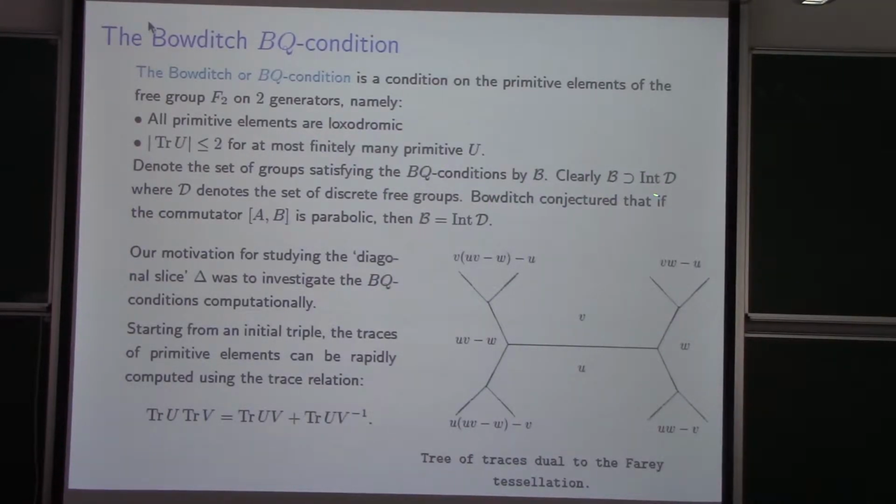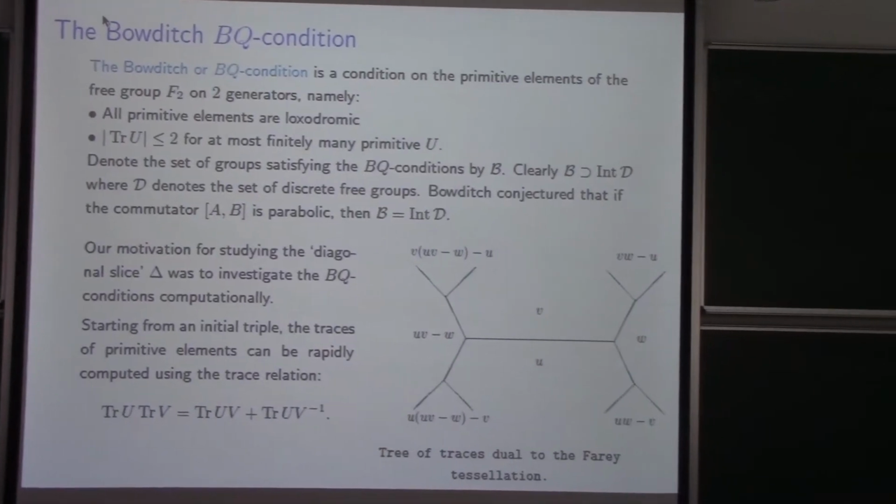It's easy to see that if the group is geometrically finite discrete, it holds, and Brian made a conjecture, which is still open, about when the commutator is parabolic. And we decided to do a systematic computer investigation, or they decided to do a systematic computer investigation. So if you plonk down, remember I said 3 traces determine everything.